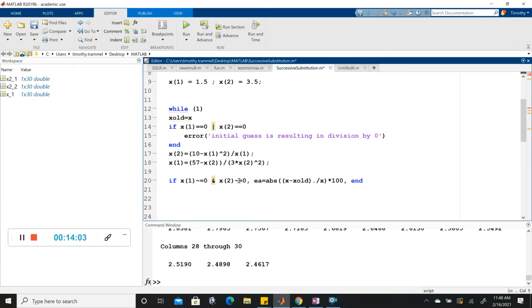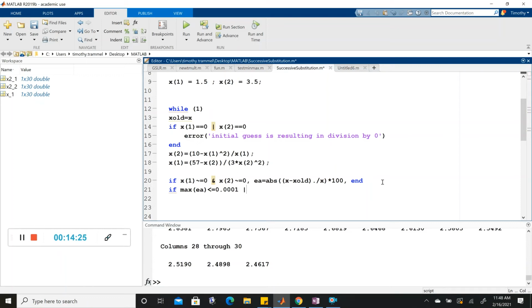All right, and the last thing we need to build in here is something to break this. So if the max of EA is less than or equal to 0.001, then we'll break.